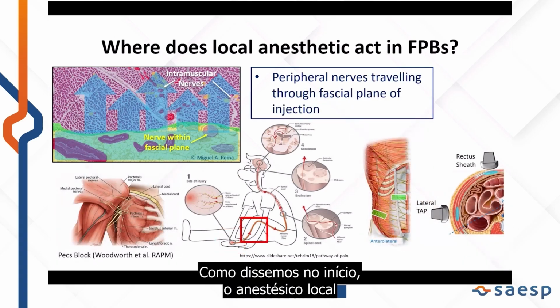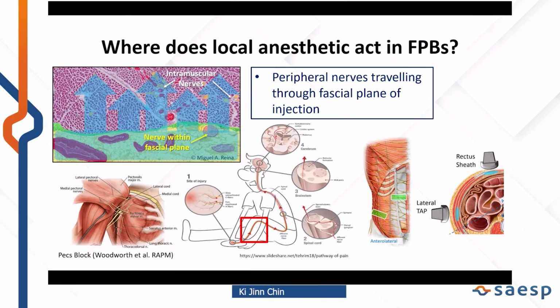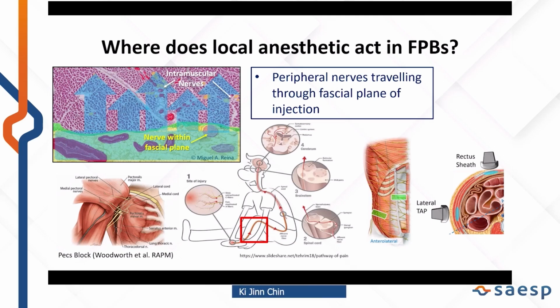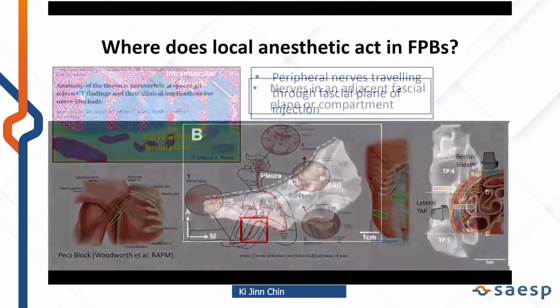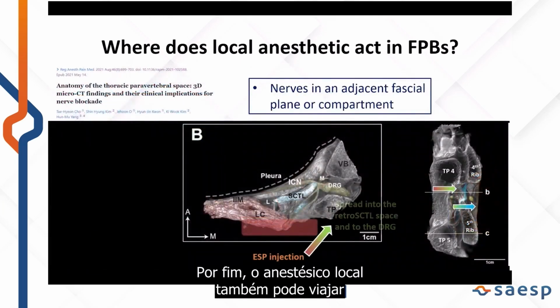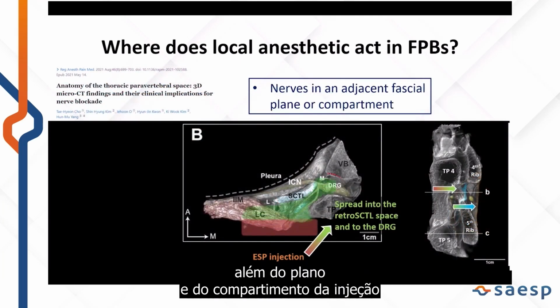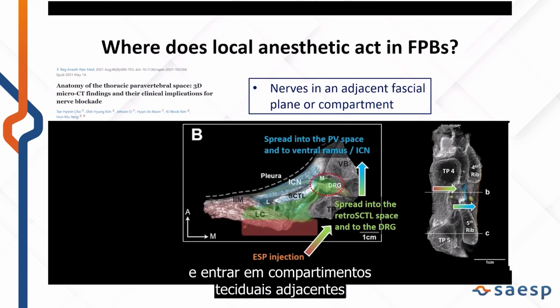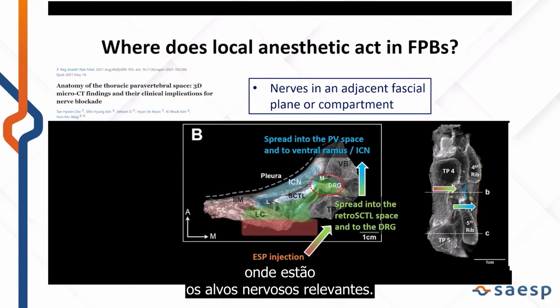Now, as we said at the beginning, local anesthetic will also reach and act on nerves that are traveling through the plane or compartment of injection. And this is the basis for blocks such as the interpectoral and anterolateral abdominal wall blocks. Finally, local anesthetic may also travel beyond the plane and compartment of injection through communicating channels and enter into adjacent tissue compartments where relevant nerve targets lie.